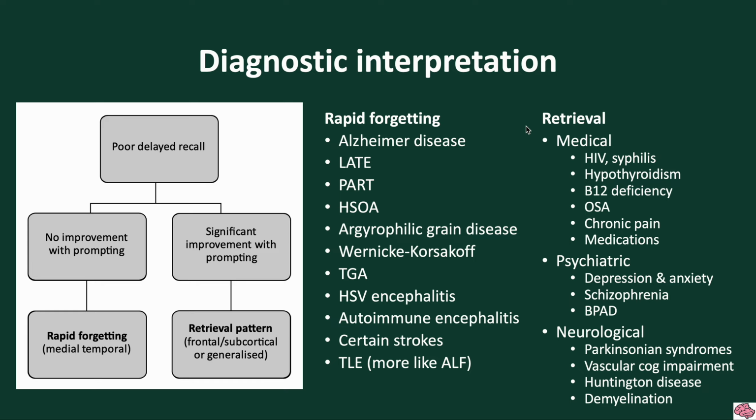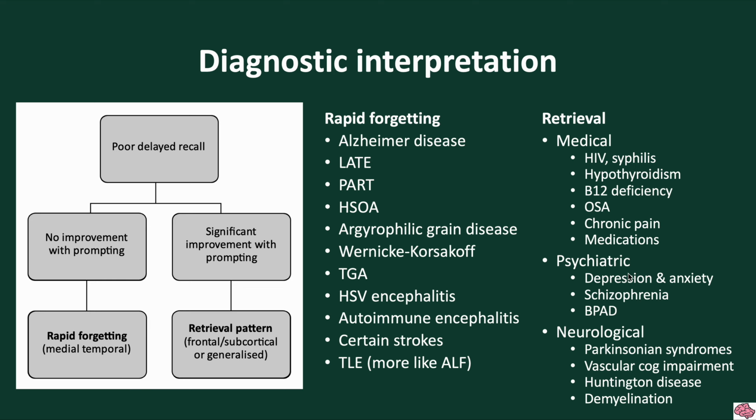In contrast, it's useful to divide the specific differentials for a retrieval pattern into three categories. We have our general medical conditions that we often screen for when assessing someone with a memory problem that give us a retrieval pattern, because of course the primary memory structures are unaffected.